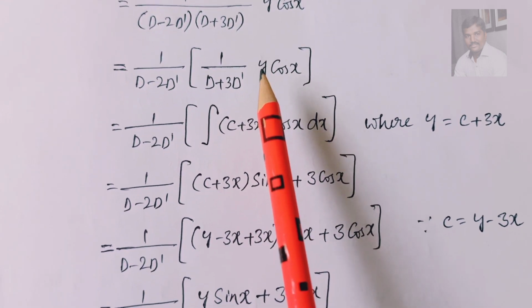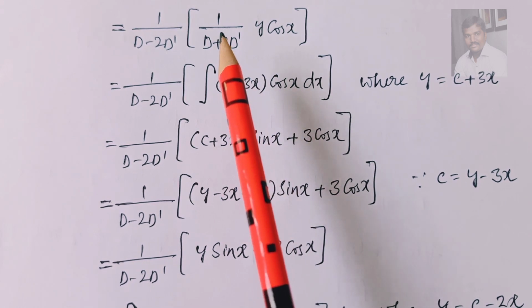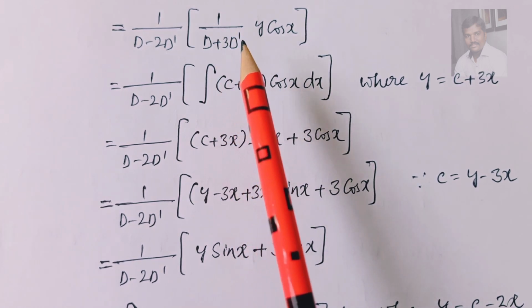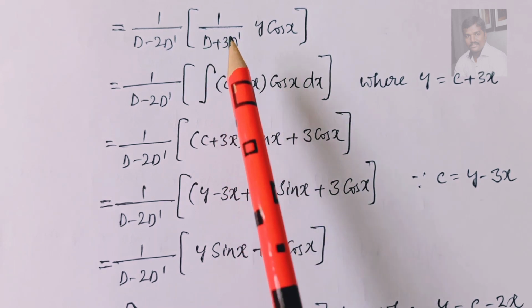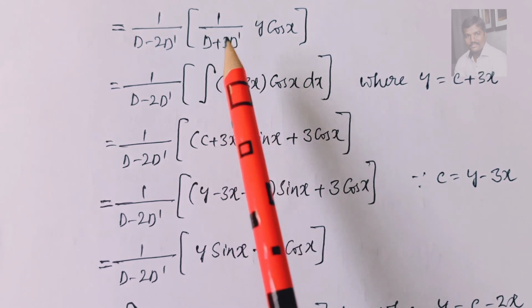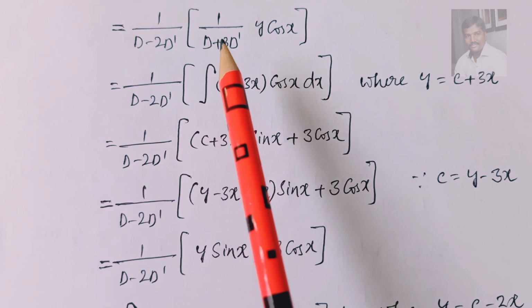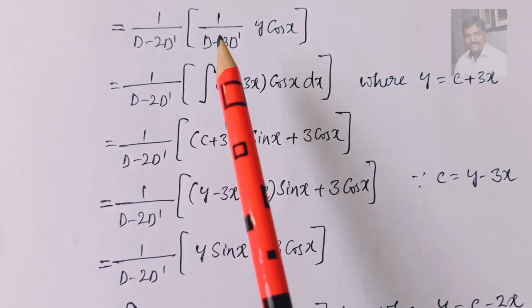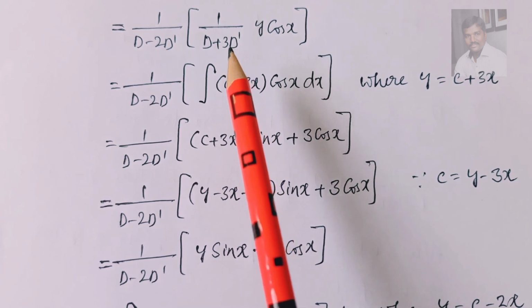Here we have 1 by D + mD'. I told you this 1 by D is a function of D only, so we assume D' as some constant.